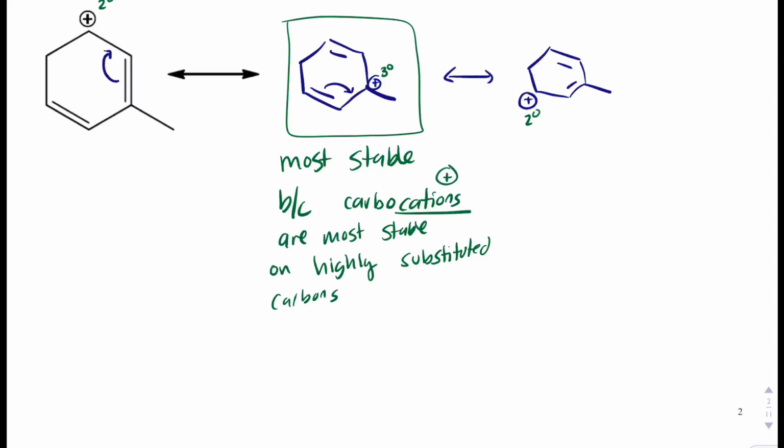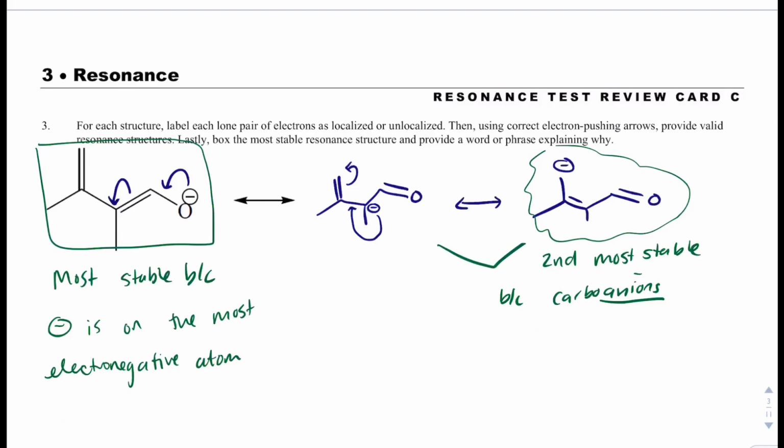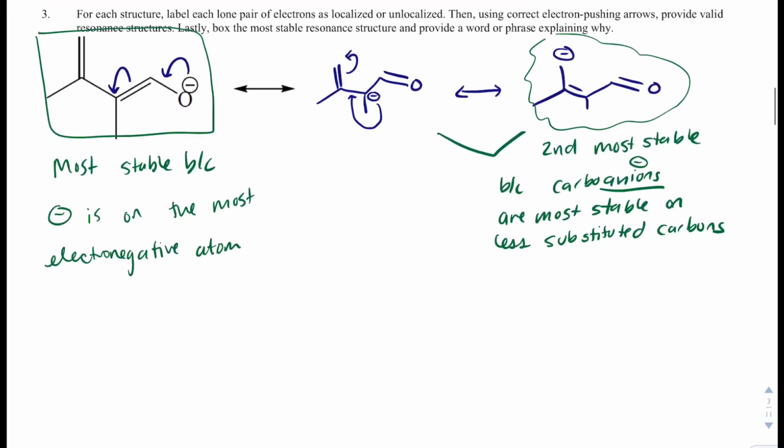Cations would be positive charge. Anions, that would be negative charge. Second most stable because carbanions are most stable on less substituted carbons.